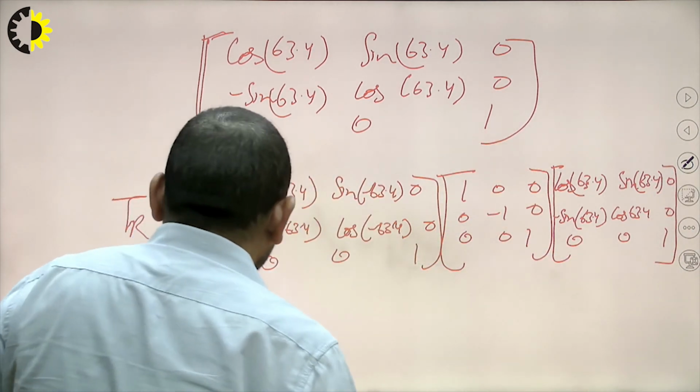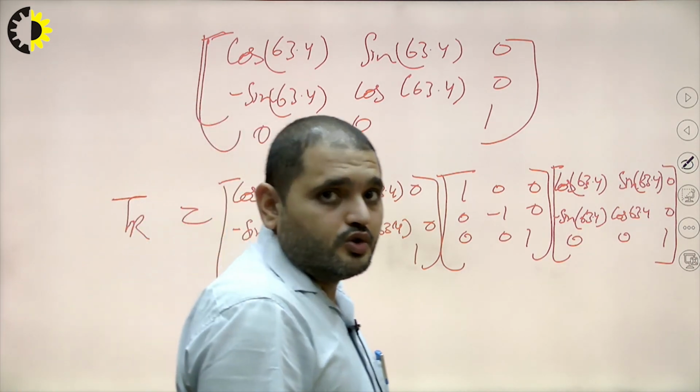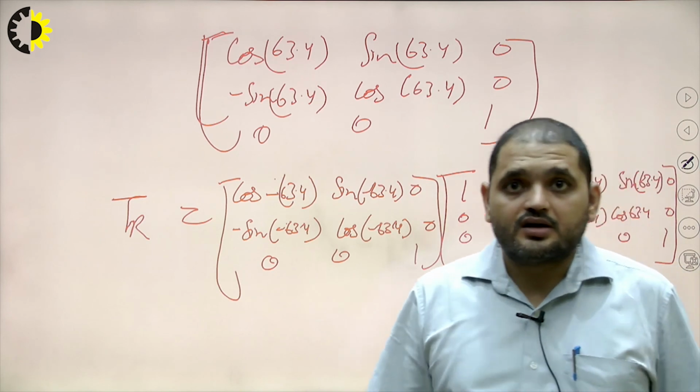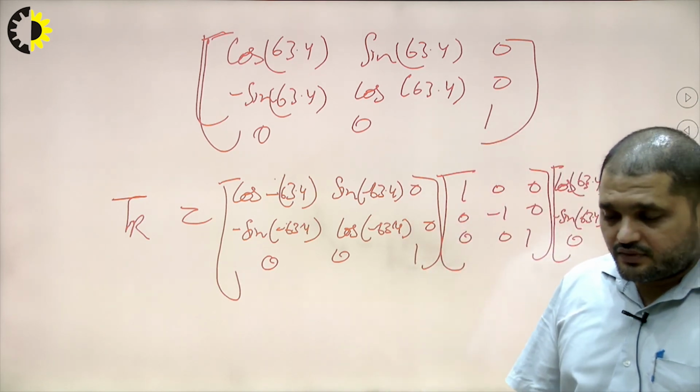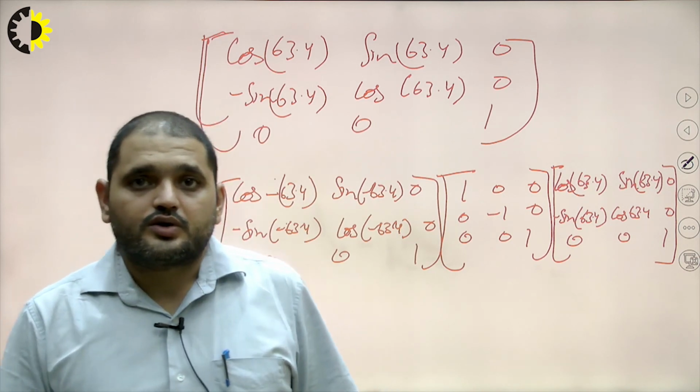This will be the transformation matrix to find the new coordinates of a point, or the matrix to reflect along the line y equals to 2x.